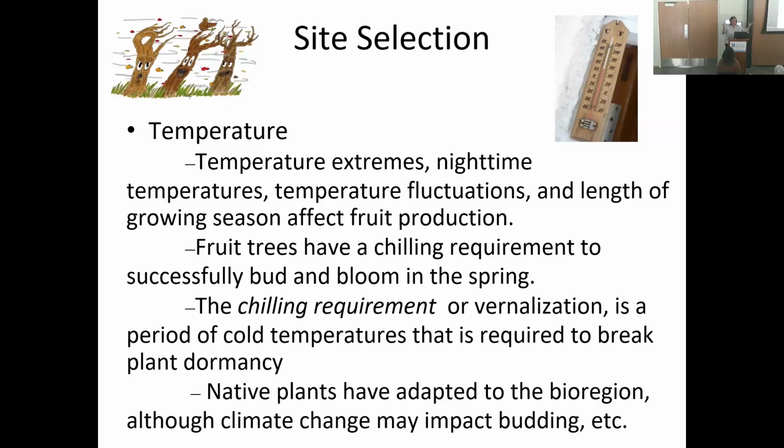Well, our pawpaws were in full bloom, and we'll talk a little bit about some of their pollination issues in a minute, but we had a killing frost on April 15th, and it wiped out our pawpaw production that year. So, that was a little bit unusual. We usually had the coldest weather before April 15th.